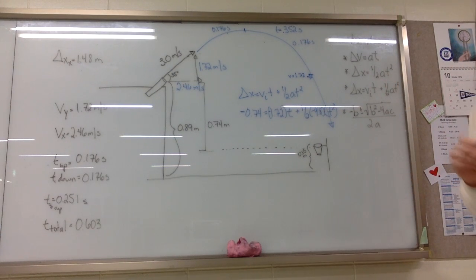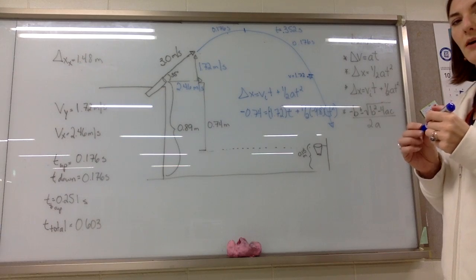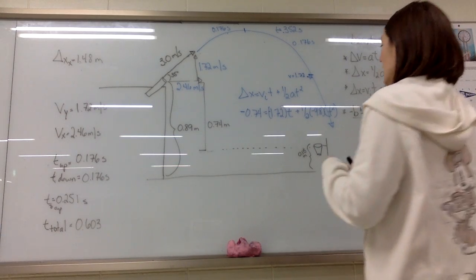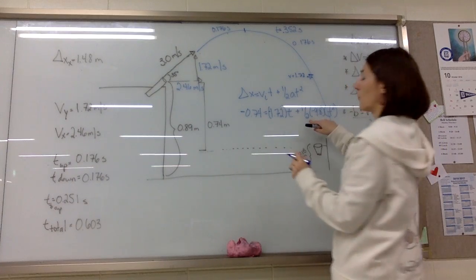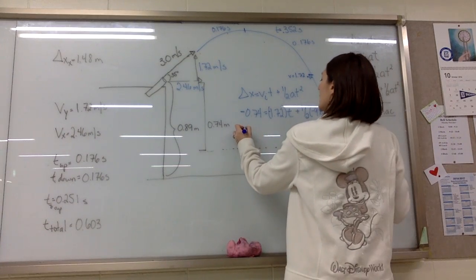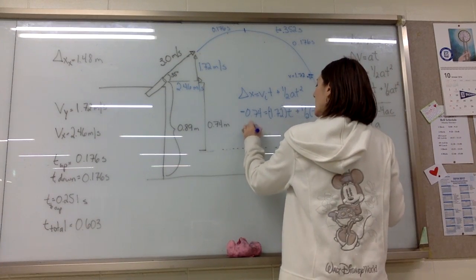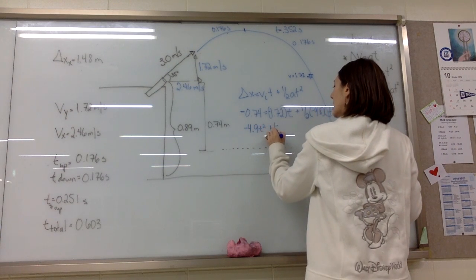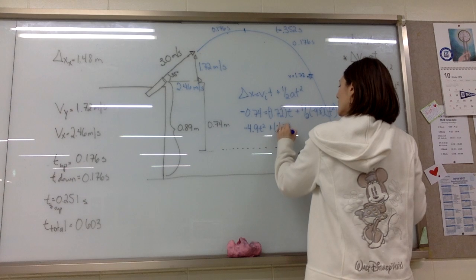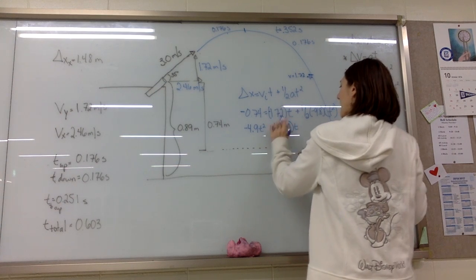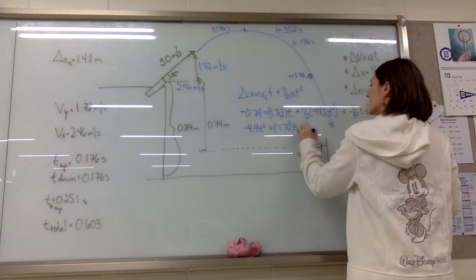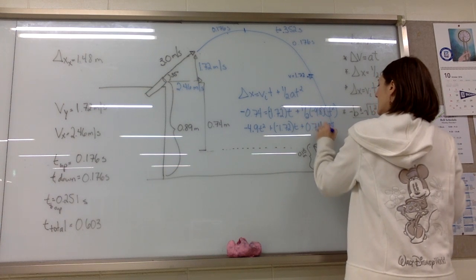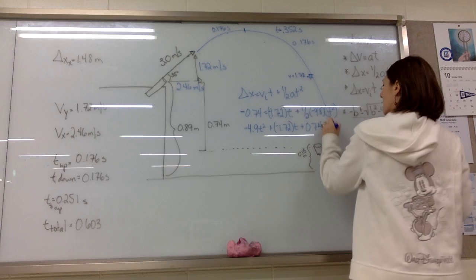So now I need to put that into a form so that I can stick it into the quadratic equation. Take 1/2 of negative 9.8, so I get negative 4.9 t squared plus a negative 1.72 t plus 0.74 equals 0.